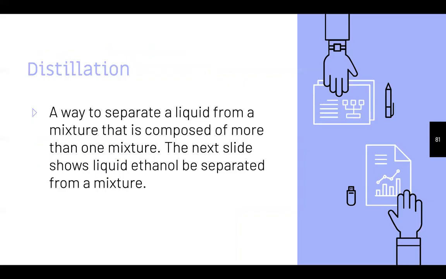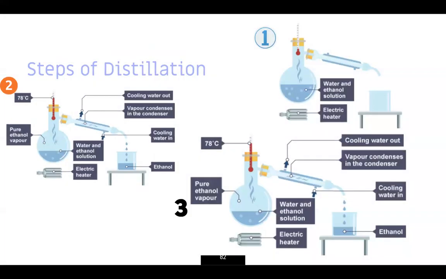Distillation is a way to separate a liquid from a mixture that's composed of more than one mixture. The next slide will show that liquid ethanol being separated from a mixture, right? And there are different steps of the distillation, right? We can see step one being water and ethanol solution, and then we have an electric heater that heats up that water and ethanol solution.